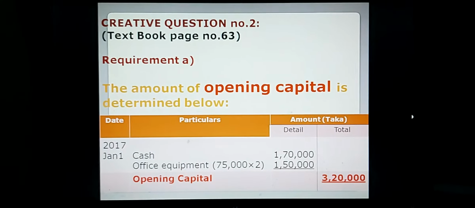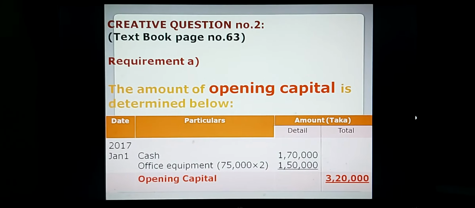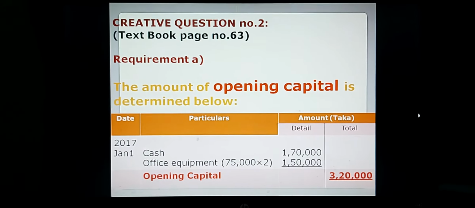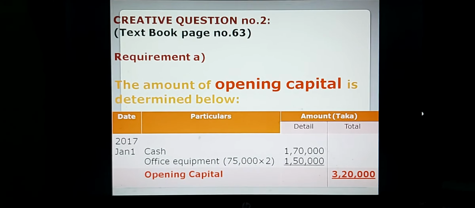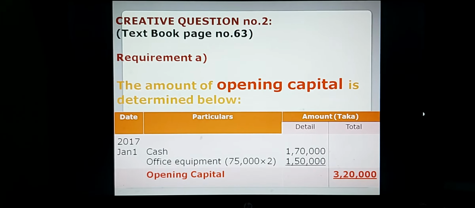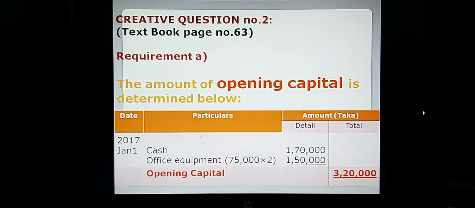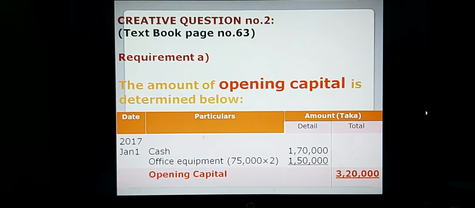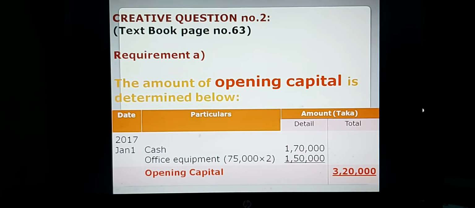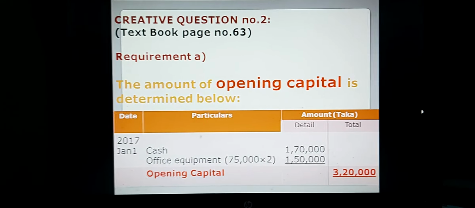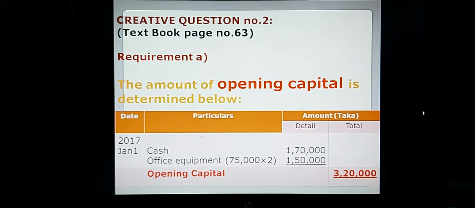That is, the two photocopy machine is taka 1,50,000 and the businessman started with cash taka 1,70,000 and office equipment 1,50,000. So his capital is taka 3,20,000.